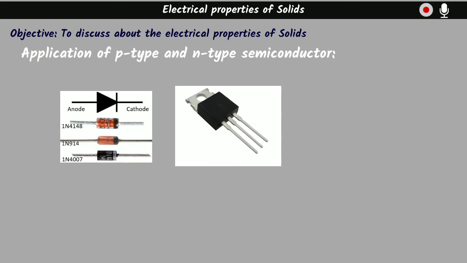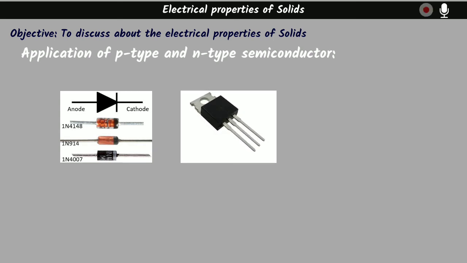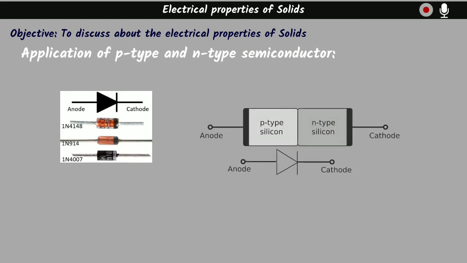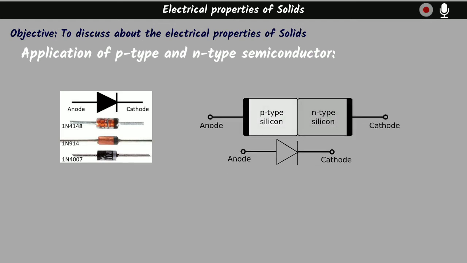They are used in most electronic devices like your mobile phone, your laptop, TV. In the case of a diode, diodes are prepared by using p-type and n-type semiconductors. One p-type semiconductor is placed over the n-type semiconductor, but it is not that simple. There are some techniques to prepare those diodes.